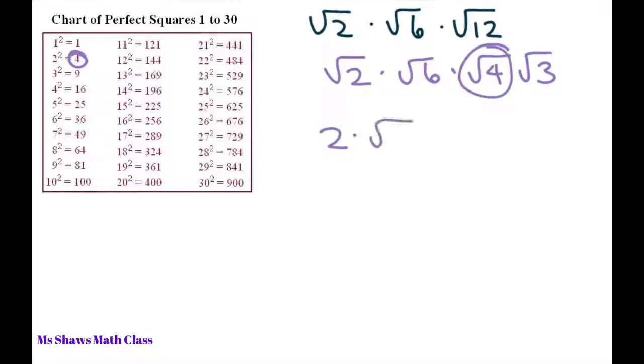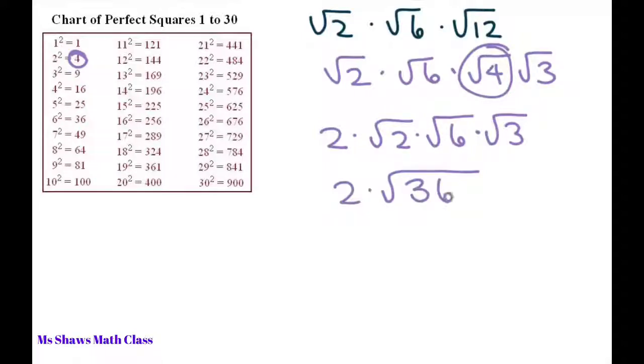Now I have the square root of 2 times the square root of 6 times the square root of 3, and you can put little cdots here if you want. Now multiplying all this out, you're going to get 2 times the square root of 36, since 12 times 3 is 36. The square root of 36 is 6, so 2 times 6 is 12.